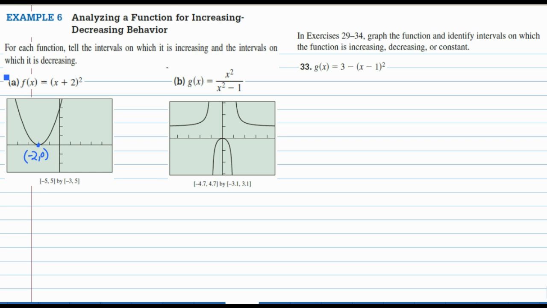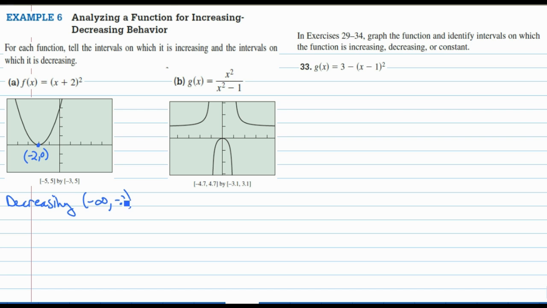So the function is decreasing all the way from the left up until the x value -2. So we are decreasing from negative infinity to -2. Now I put parentheses at the end. Your book will probably put a bracket at the end of that.